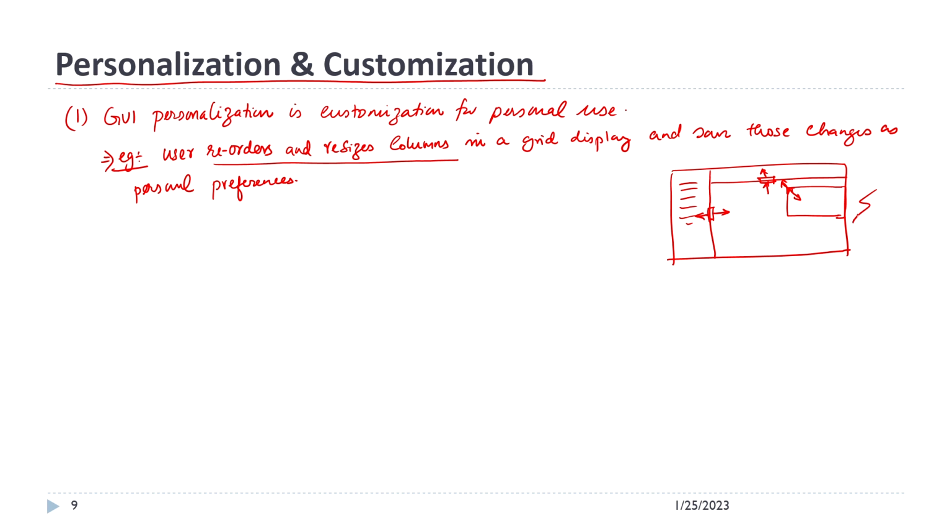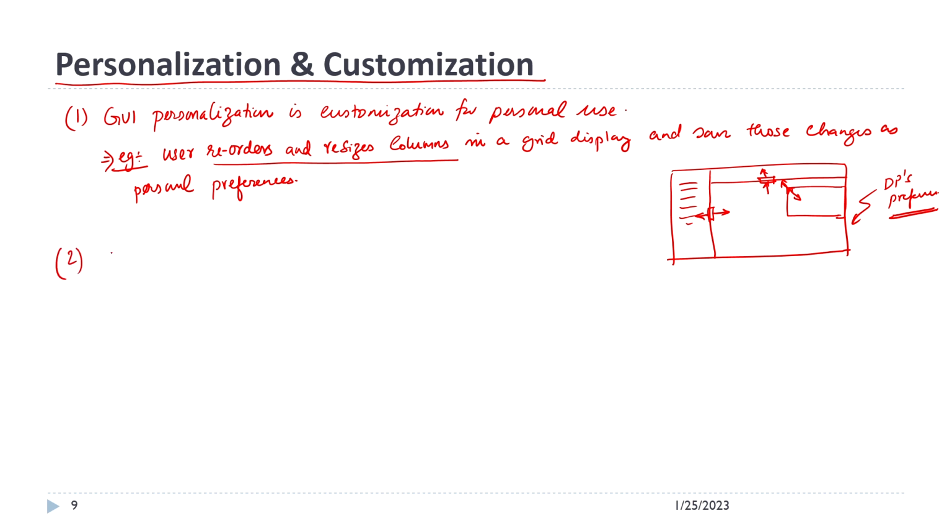Okay. So, let us say this is DP's preference. Next time when I come here or when I use this particular graphical user interface, it should be set to what I have already saved. Okay. So, that is the personal usage customization. That is the first part.